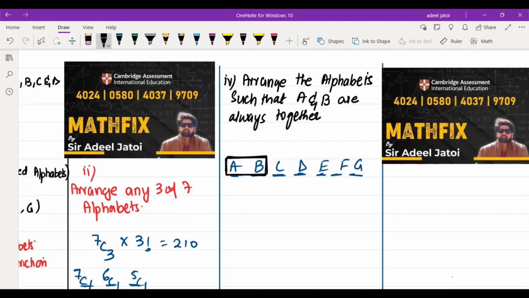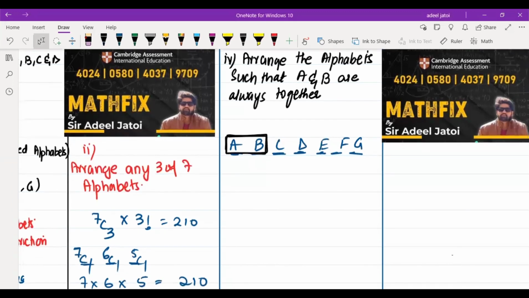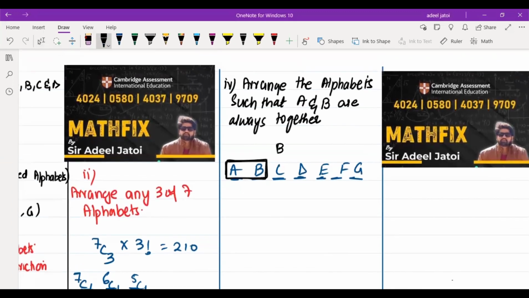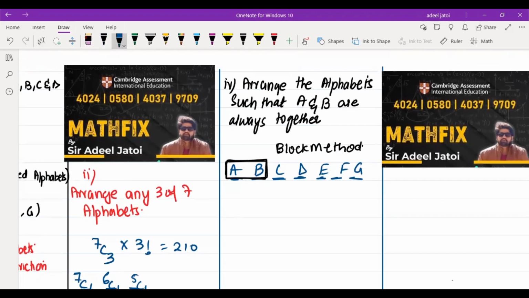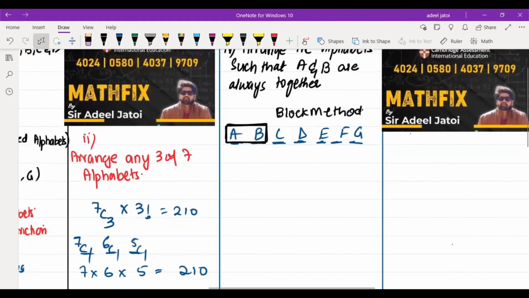So let's create a block method. Now, when do we apply the block method? The block method is applied when any question says that 2 objects or 2 numbers or 2 alphabets are together. And how do we apply the block method? We keep what the question says together in a block.